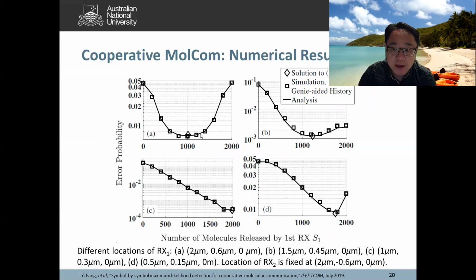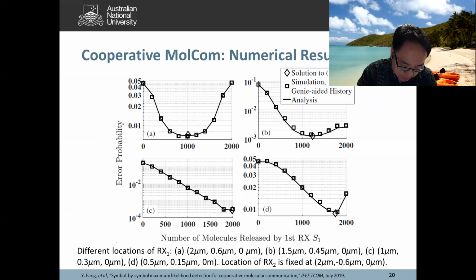And this shows the accuracy of our analysis, and also it gives some insights about what would be the optimal number of molecules released by the receivers if we want to minimize the error probability. So these are the insights that we can obtain from this figure.